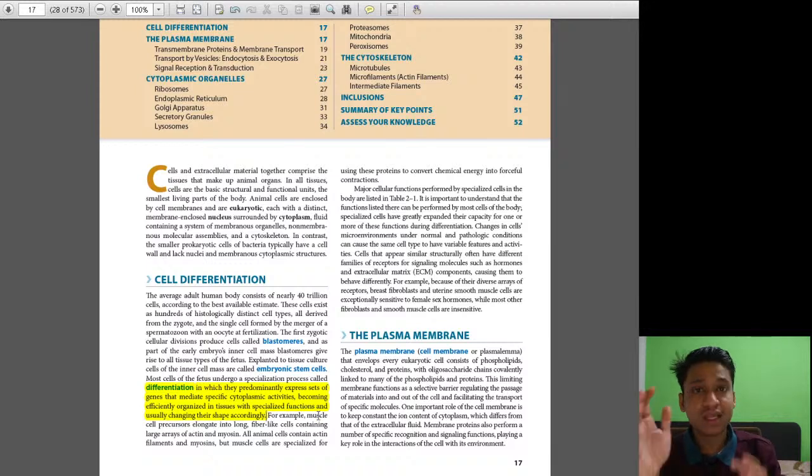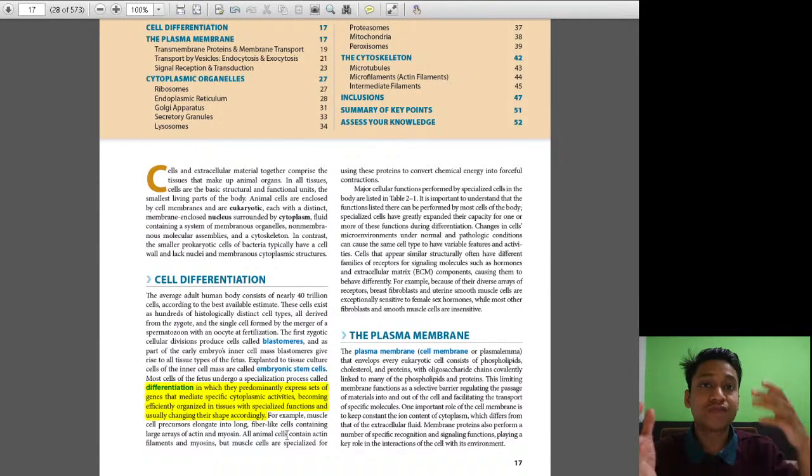For example, muscle cell precursors elongate into long fiber-like cells containing large arrays of actin and myosin. The precursor cells are produced here, and each division gives a different type of cell, which will later give rise to a different type of tissue in our body.